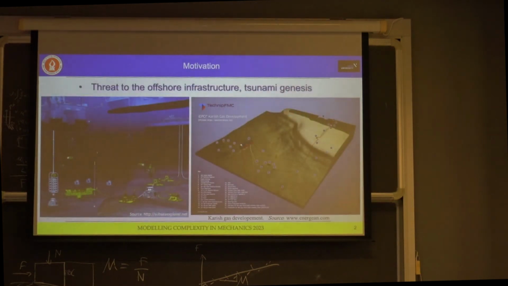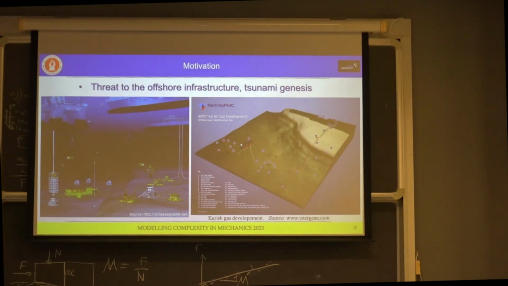Now, why shall we talk about submarine landslides? What is the importance? The importance is the submarine infrastructure, mainly for oil and gas, which can be subjected to large soil movements. For now, it's probably the main reason to model submarine landslides.